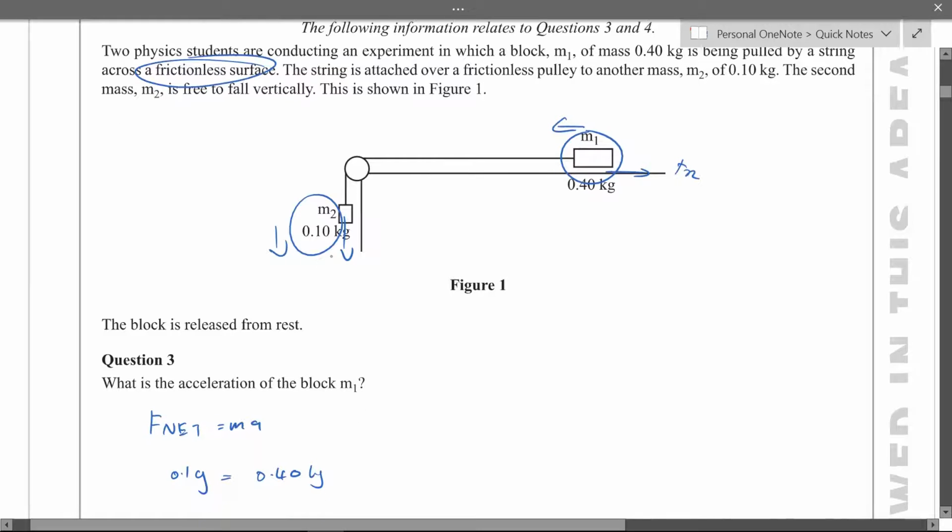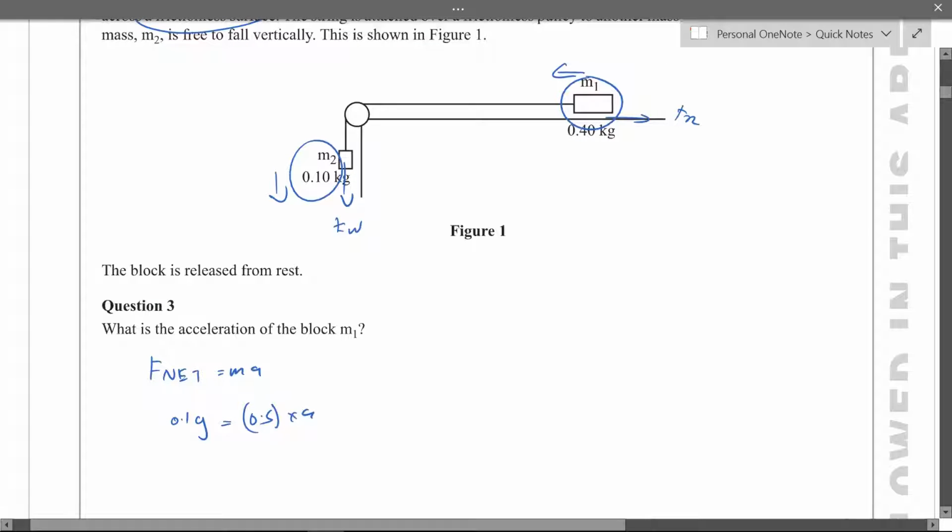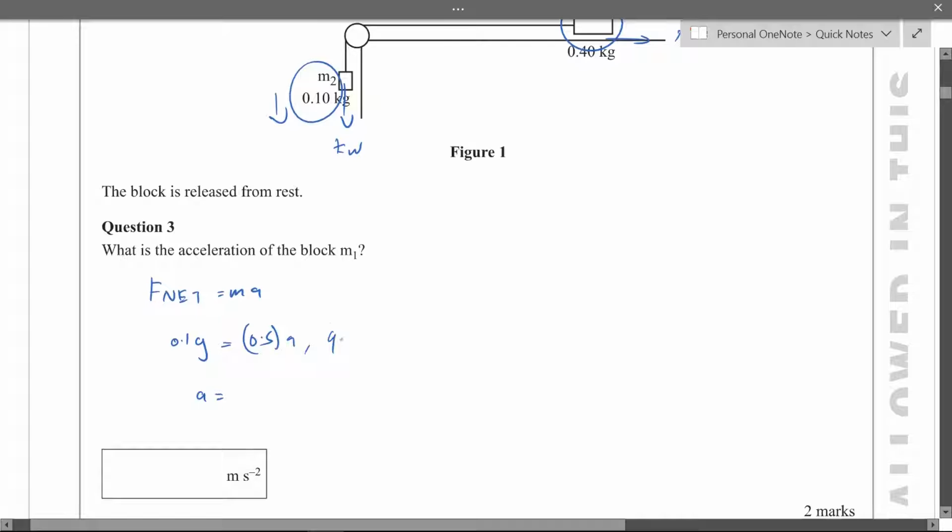The only force is the weight force here. Sorry, equals 0.5 times a. We can't isolate it, so we have to use the masses of the whole thing. For this test we use g is 10 because it tells you at the start. So you get a whole number of 2.